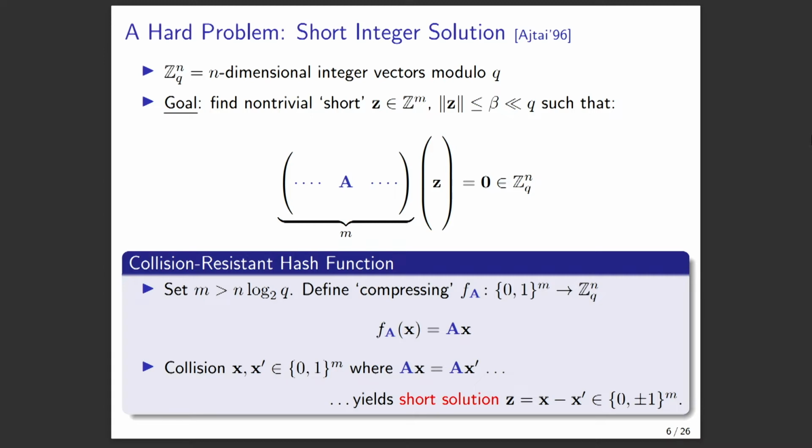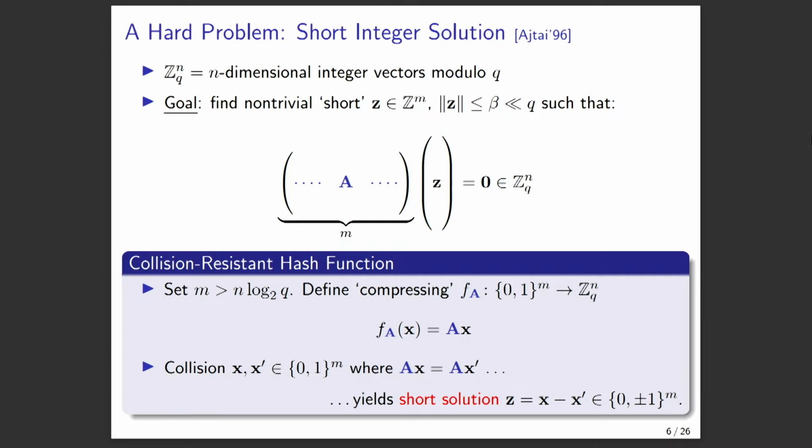That's important, because if z was 0, it would be a trivial solution. x minus x prime is ternary, because each of x and x prime is binary, so when you do the subtraction, the result is always in 0, plus or minus 1. And by linearity, A times x minus x prime is 0 because of the collision. So all 3 things that we needed, we have.